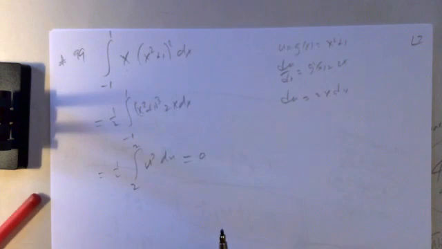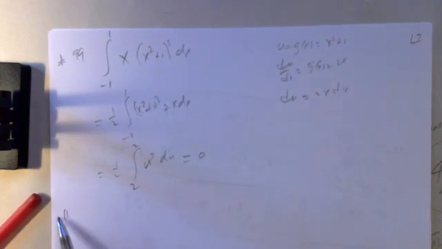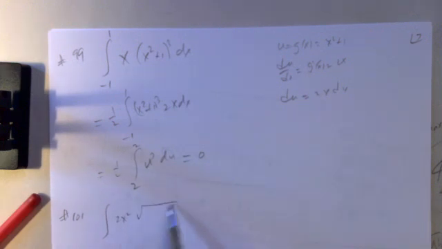This is 99. Let's look at number 101. The integral of 2x squared times the square root of x cubed plus 1 dx from 1 to 2.